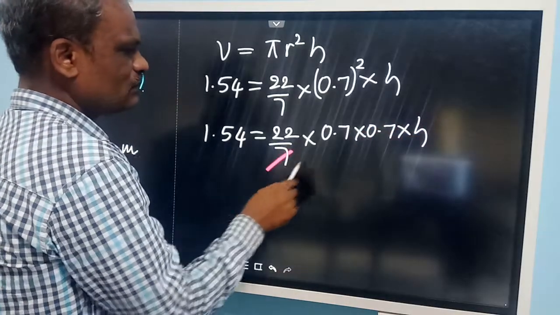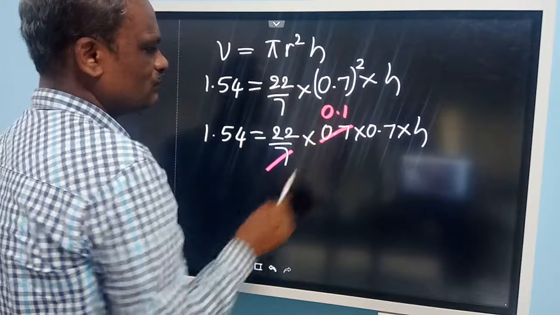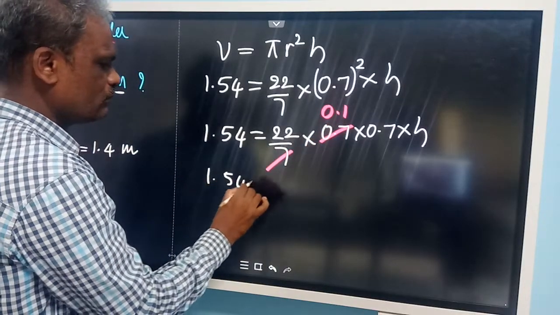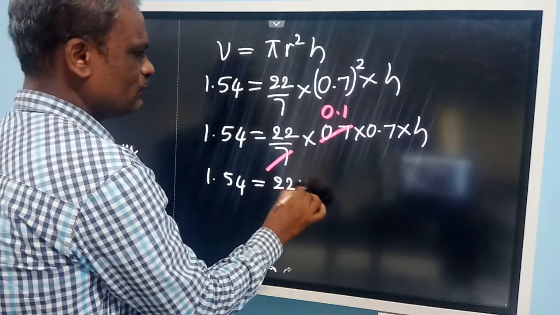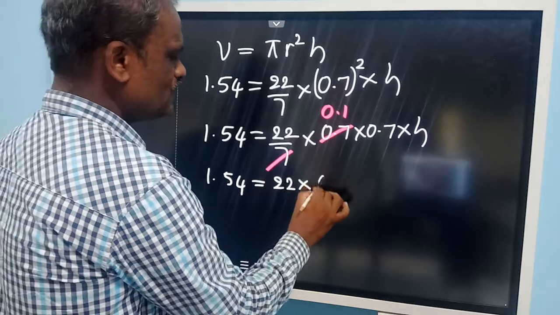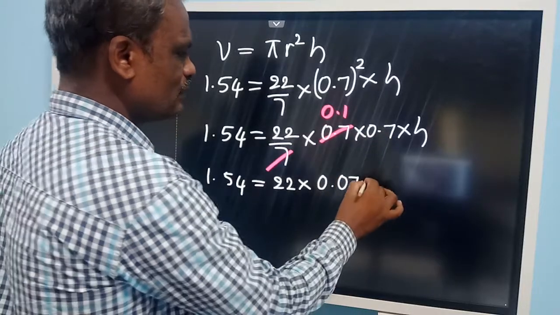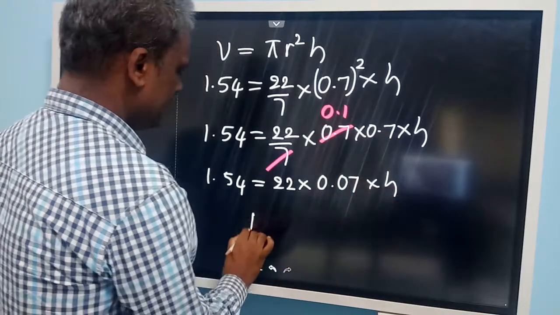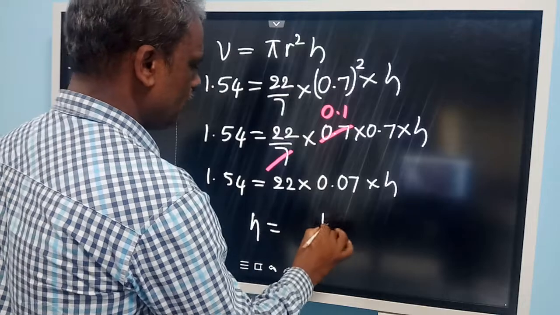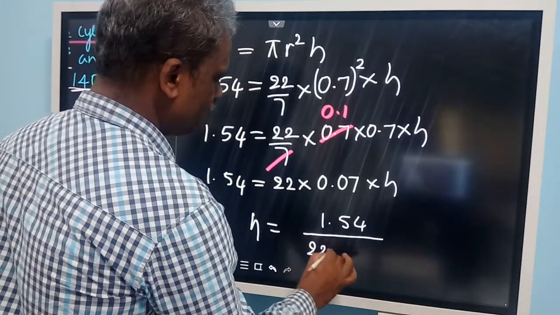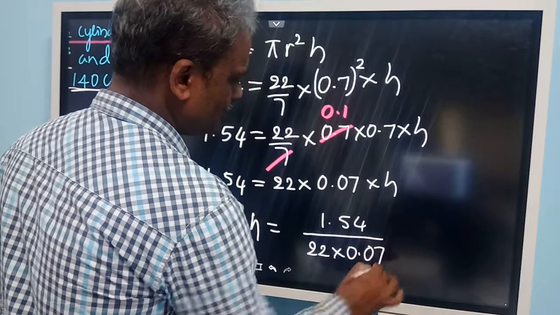Cancel this one, it becomes 0.1. So 1.54 is equal to 22 into 0.1 into 0.7 into h, or h is equal to 1.54 divided by 22 into 0.07.